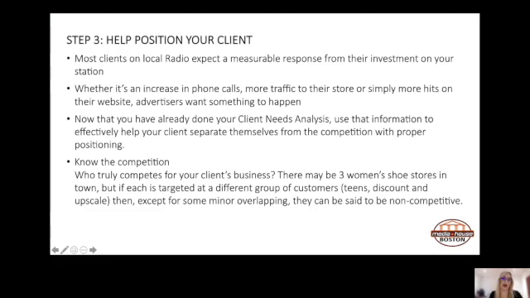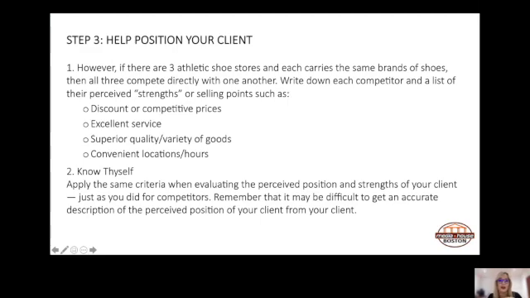There may be a couple of different women's shoe stores in town, but if each is targeted to a different group of customers, so let's say teens or a discount store or more upscale shoe store, then except for some minor overlapping, you can say that they are non-competitive in this specific instance. If, however, there are 3 athletic shoe stores and each carry the same brand of shoes, then all 3 compete directly with one another. So then that is your competition.